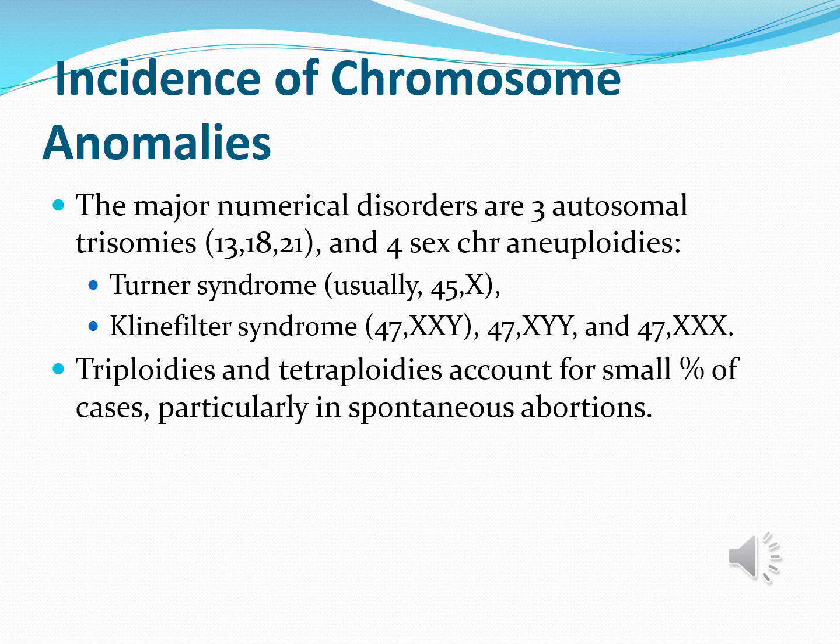In live births, overall incidence is about 1 in 160 births, or 0.7%. Most autosomal abnormalities are diagnosed at birth, but most sex chromosome abnormalities, except Turner syndrome, are not recognized clinically until puberty.